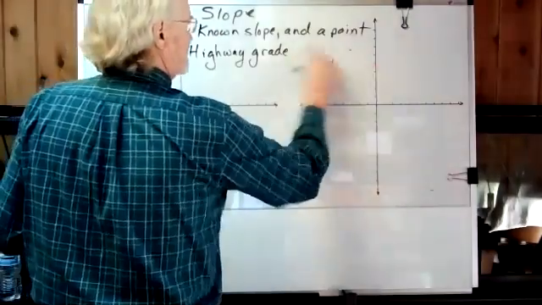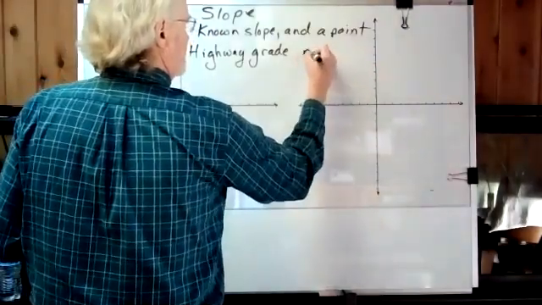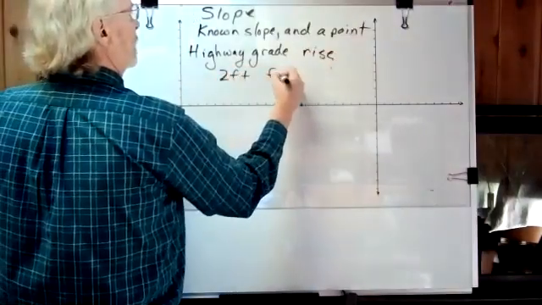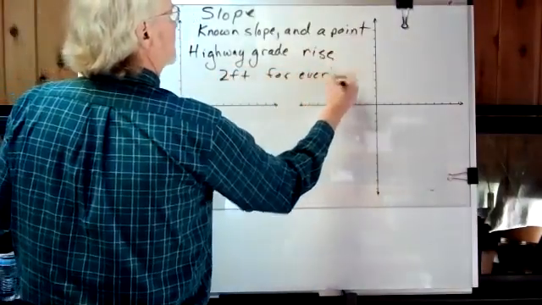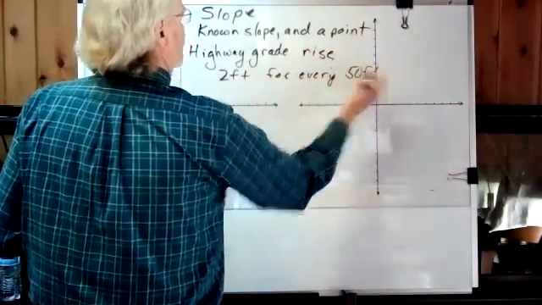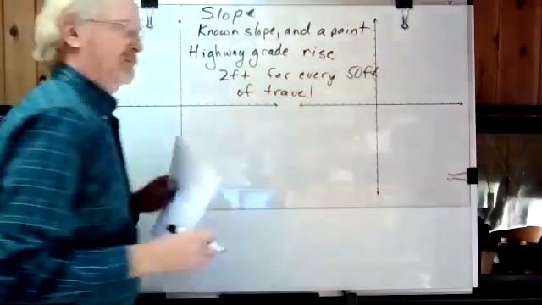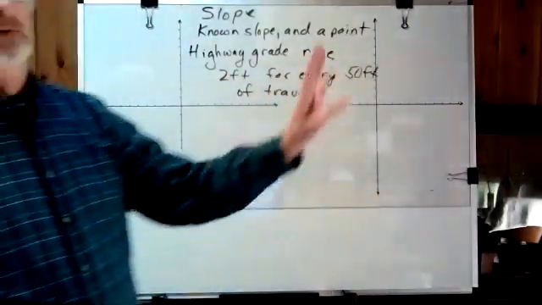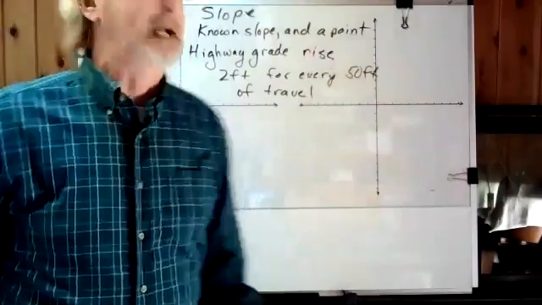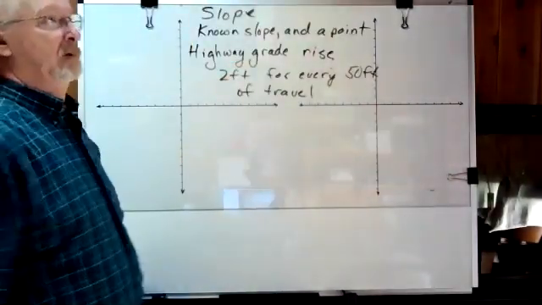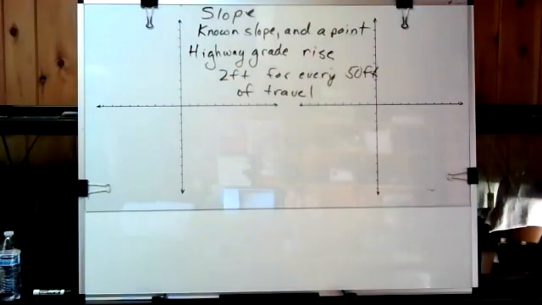And let's write this as rises, okay? It's going uphill. Rises 2 feet for every 50 feet of travel. For every 50 feet of travel, I go up 2 feet. What's the slope of that grade, right? Mount Sexton, you're getting there. It's like, oh, we're going pretty steeply uphill.